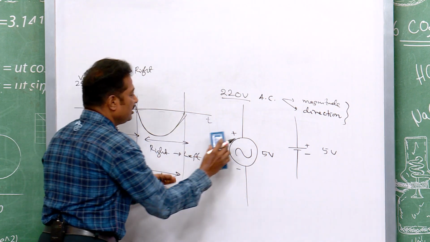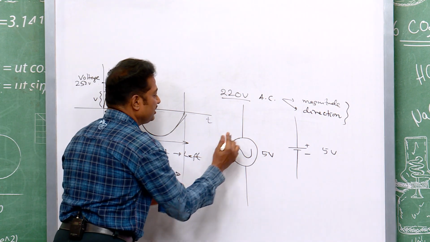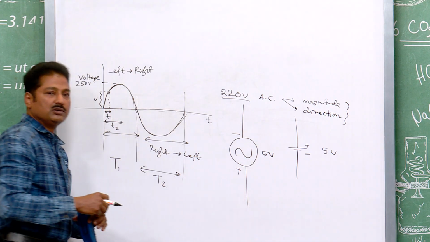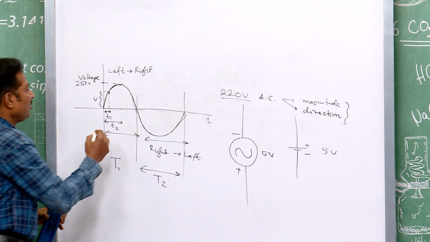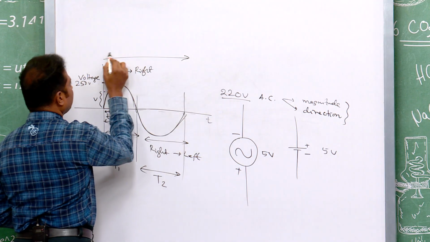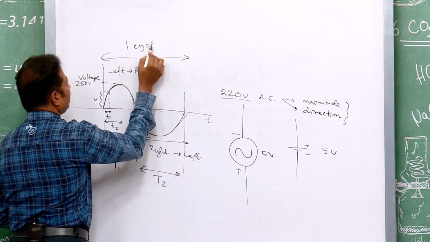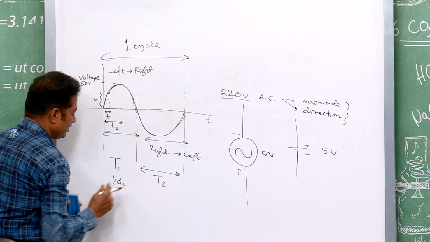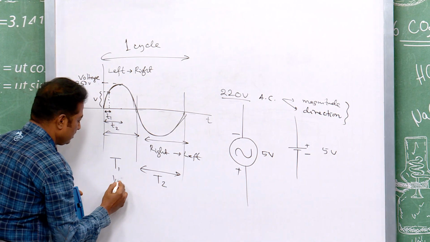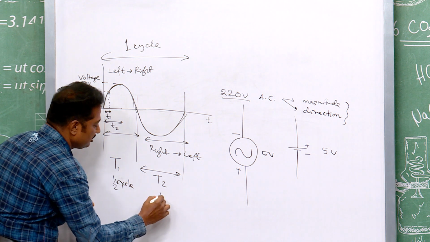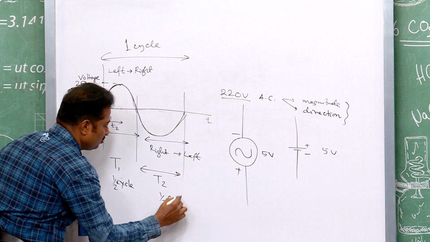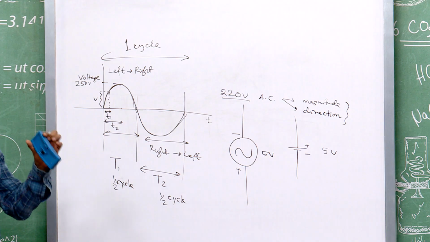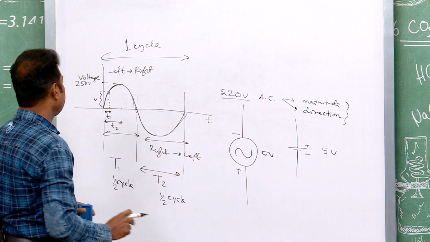For T2 it will be just opposite, minus, plus. So, accordingly, we call this one cycle, and this is a half cycle. This is also a half cycle. Two half cycles will give you one complete cycle.